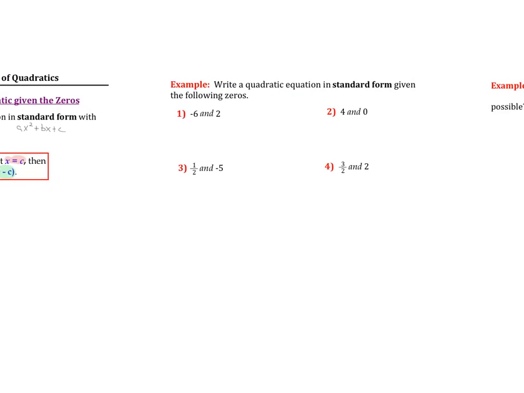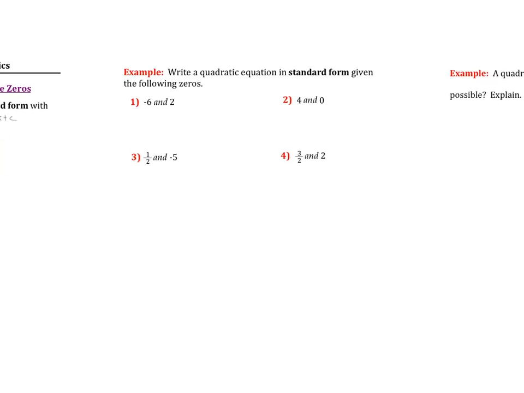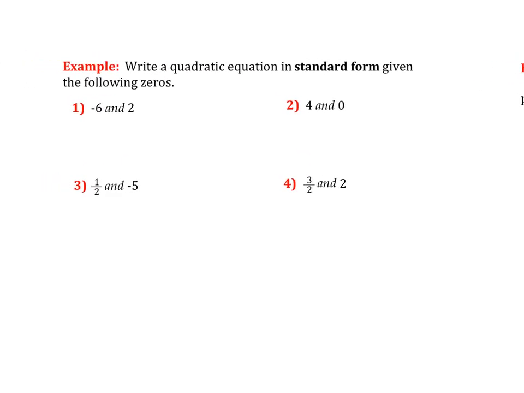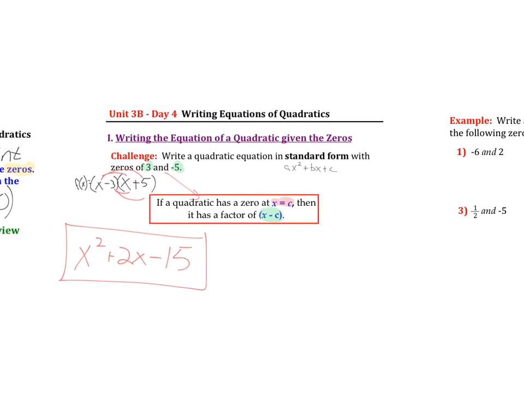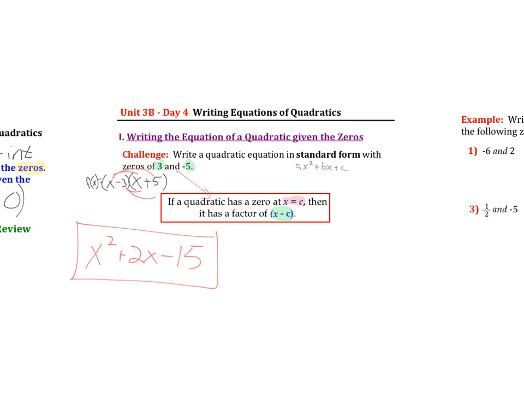So now we have some practice problems. We're going to write the quadratic equation again in standard form, given zeros. So just like before, we're going to start off and write these things in factored form. And then once it's in factored form, we'll throw it into standard form.